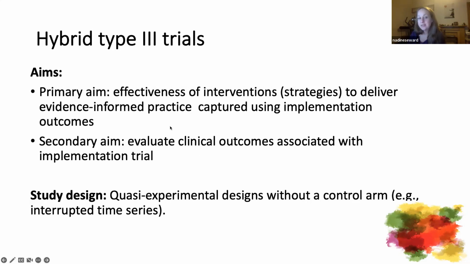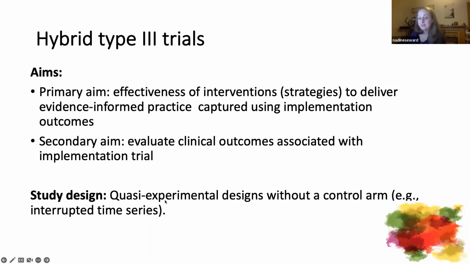If you go to a hybrid type 3 trial, the main aim is to ensure it's acceptable, appropriate, and feasible to monitor for this. And we secondarily look at clinical outcomes because it's already been established as clinically effective. It's still, I will add, very important to monitor for that. It's usually a quasi-experimental design without a control arm.